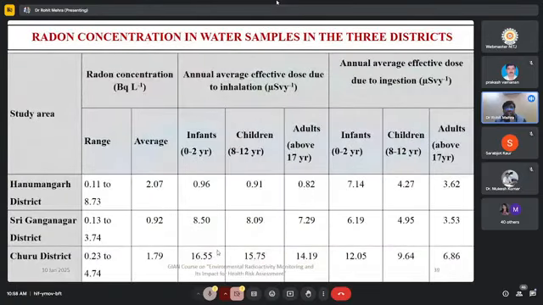Again, in these three districts, we have a comparison for infants, children and adults. We have done the calculations based upon their water intake, and tried to calculate the doses due to the radon concentration in water. So it is only due to the radon concentration in water.